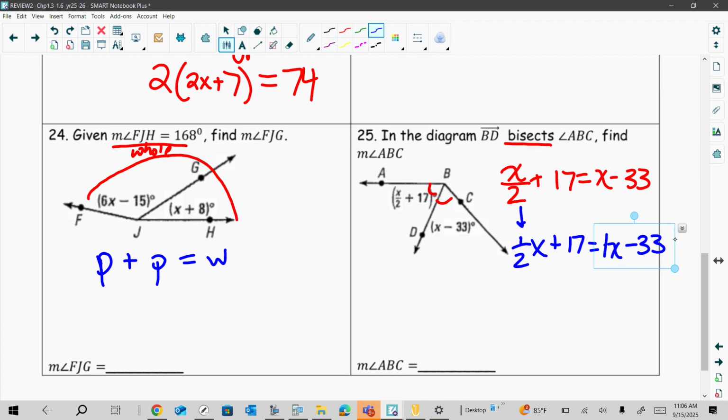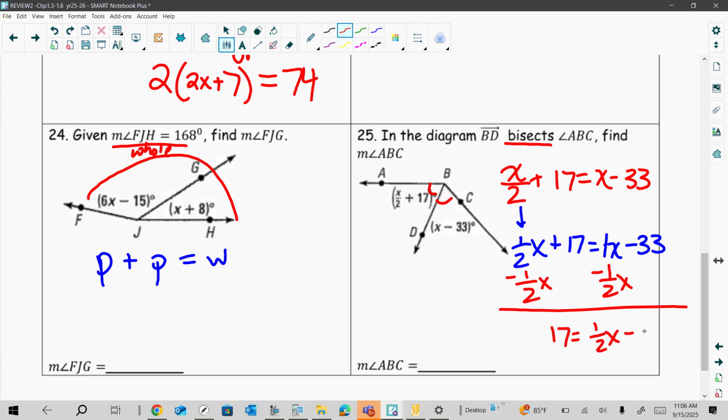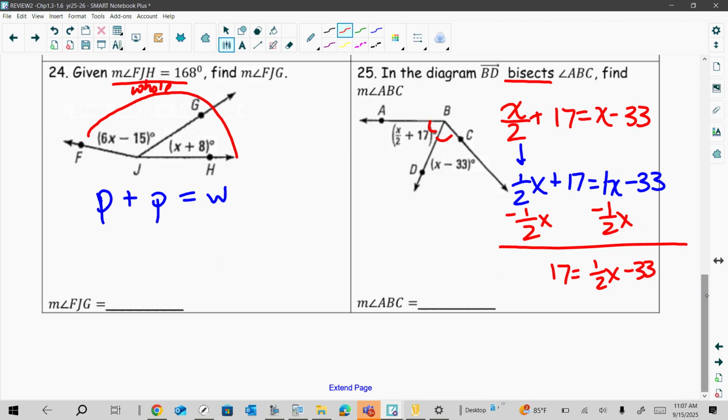So when you eliminate the smallest one, which is minus 1/2 x, you're going to have 17 equals 1/2 x minus 33. Basically, to get rid of the 1/2, you have to multiply by 2. So eventually you're going to have to double it to solve. I think most people had questions on the 1/2 when they were not able to solve it.